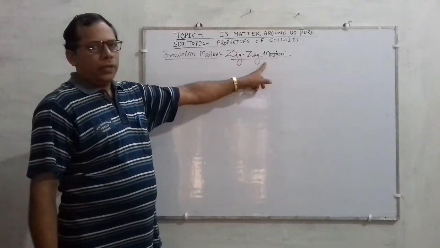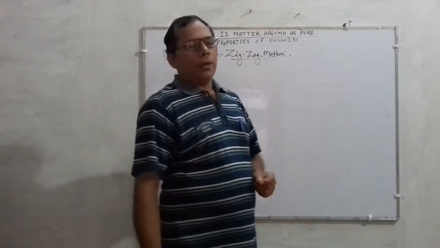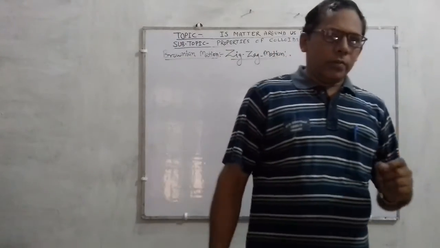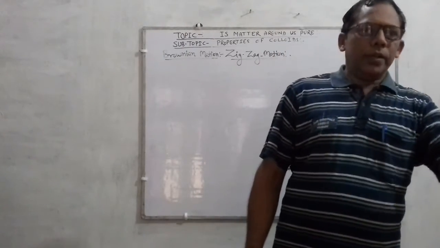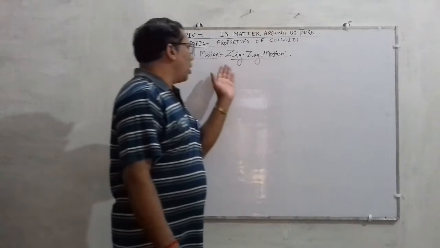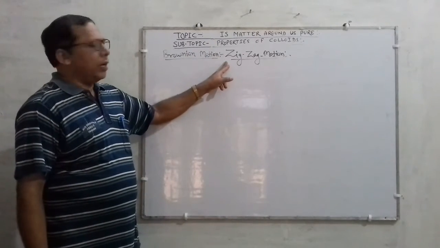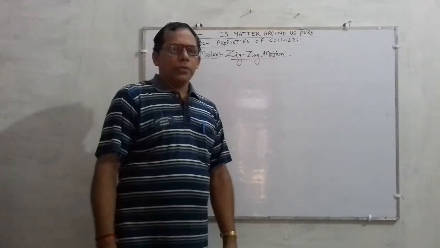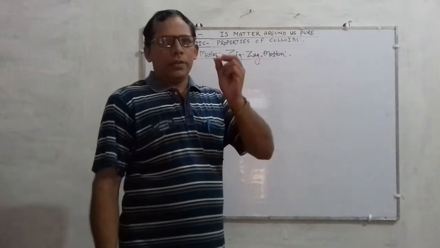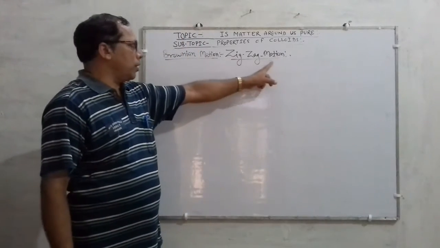This property was given by Robert Brown, a Nobel English botanist, so in his honor, this property of colloidal solution is also called Brownian motion. Listen once more.